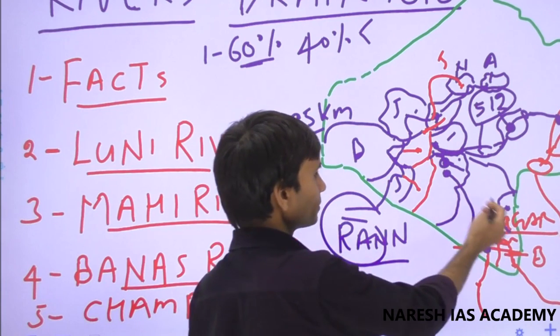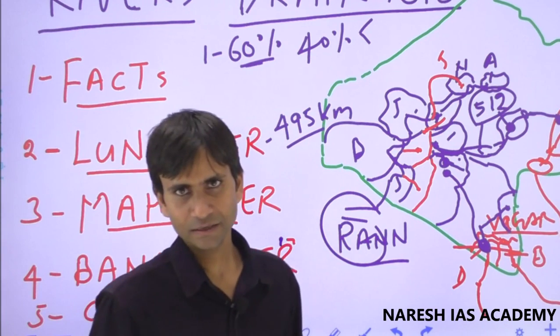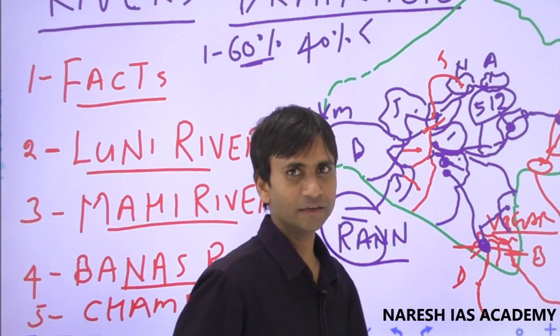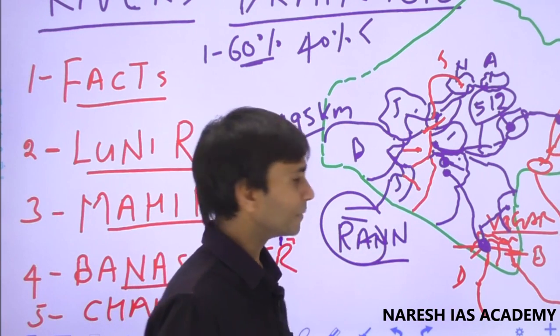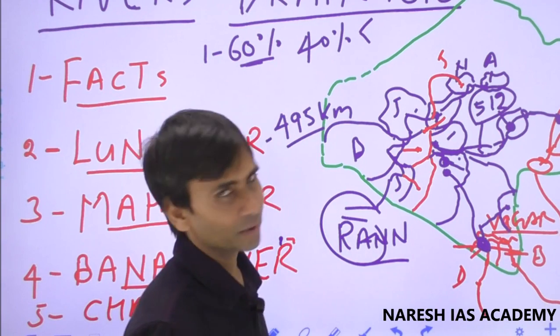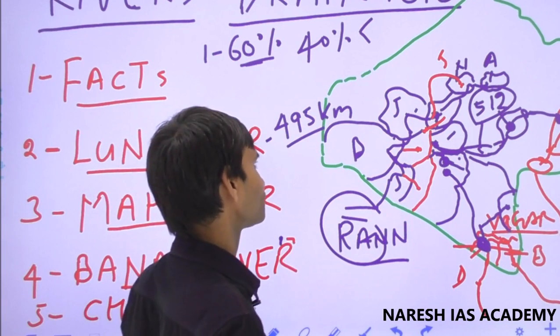So Som, Jakham and Mahi rivers make a triple confluence. The three rivers meet each other in the Dungarpur district, at the Beneshwar Dham, the Beneshwar site, called the triple confluence of the river. So these are the important rivers of Rajasthan.